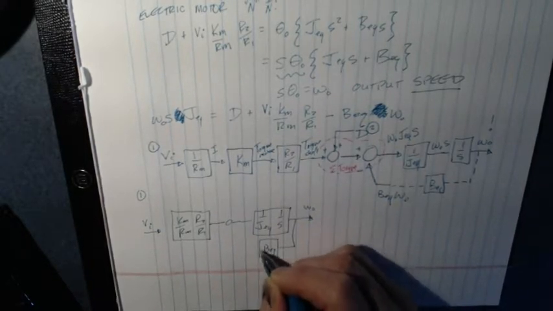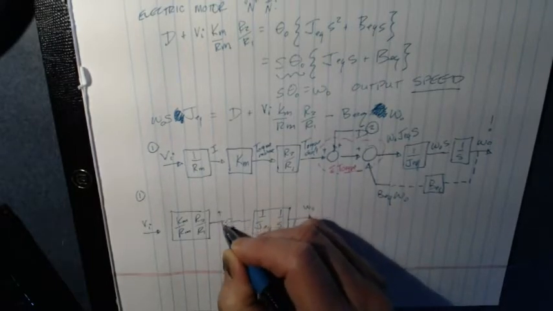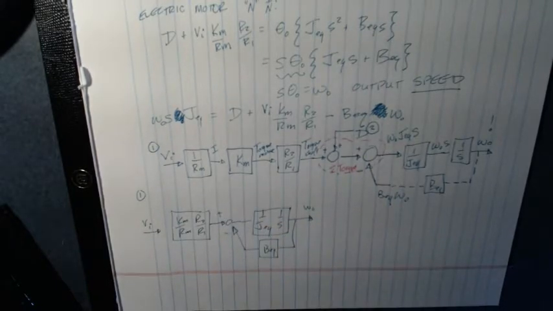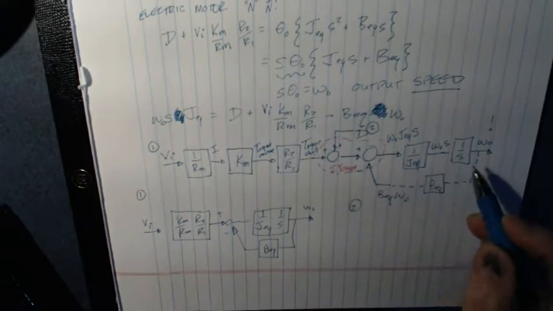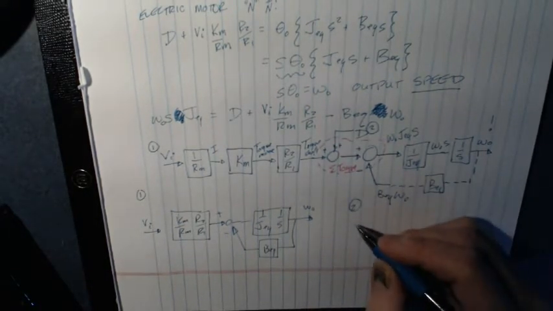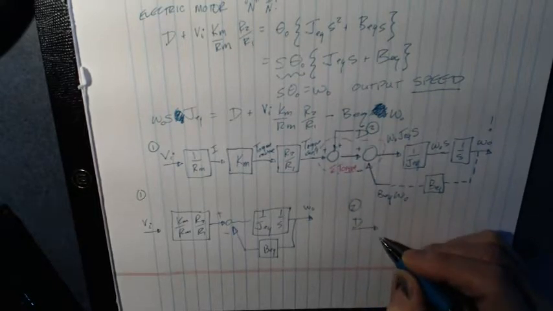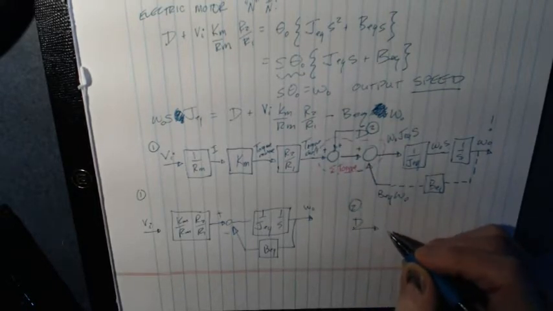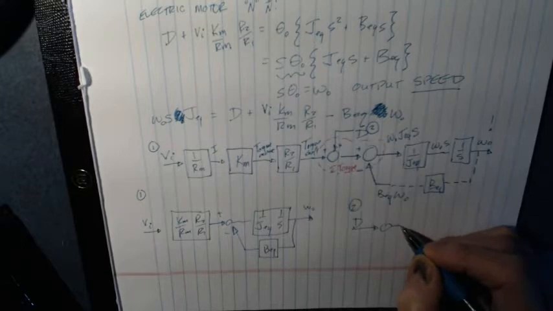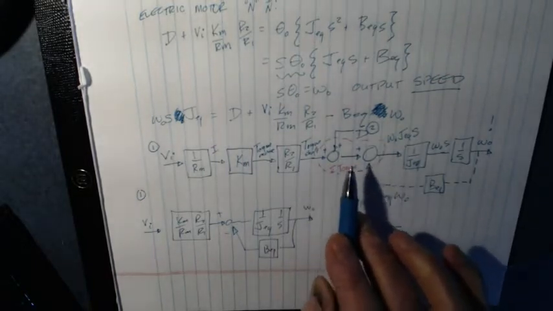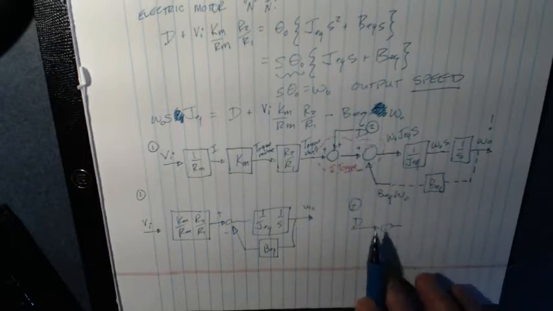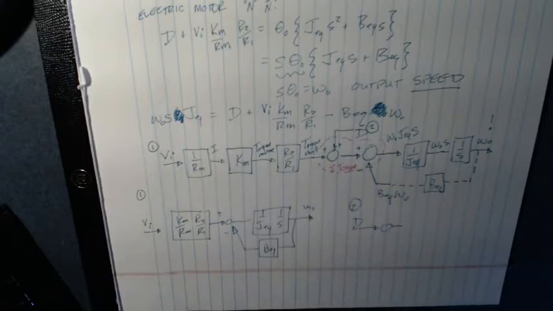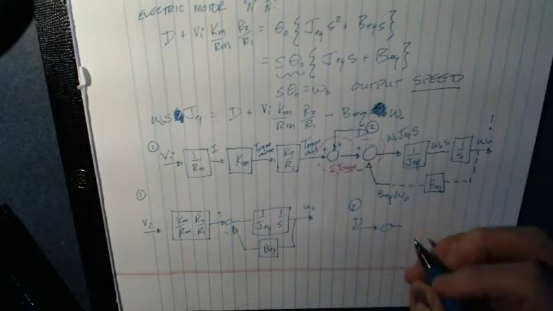B equivalent, plus minus. And then another way I can do it is I'd like to see what the transfer function is that relates my disturbance D. In this one, I'm going to pretend like the disturbance D is 0. And in this one, number 2, I'm going to pretend like the input is 0. So that just goes away.